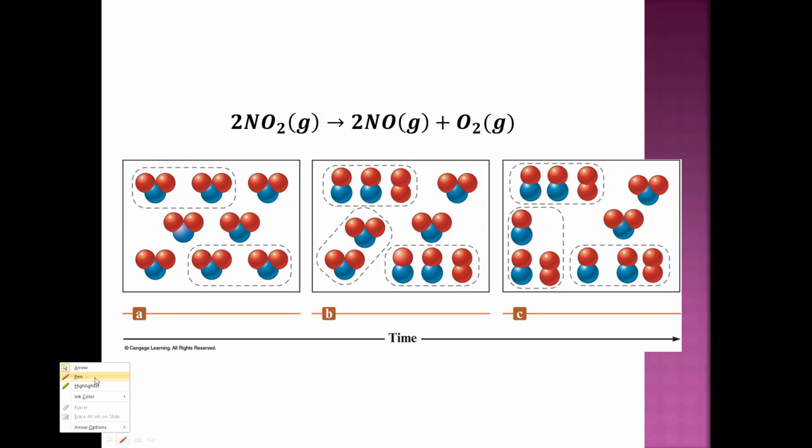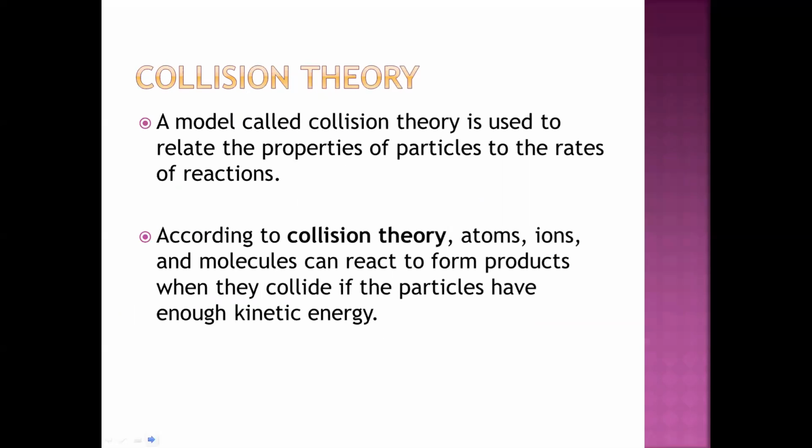But as you can see, the circled molecules then react and turn into the products, two NOs and one O2. As time progresses, more and more products get made. We would assume that would happen, right? That is how we know reactions happen.